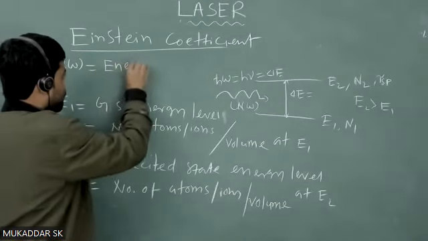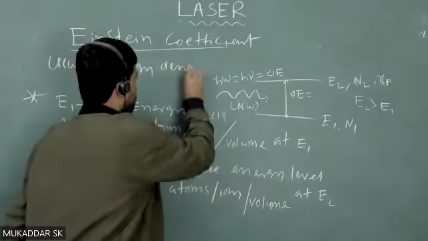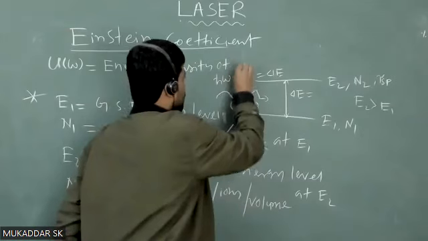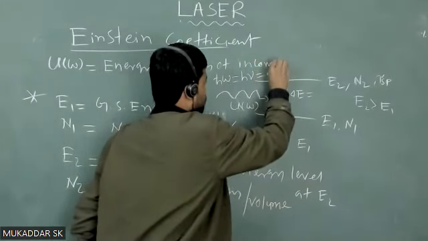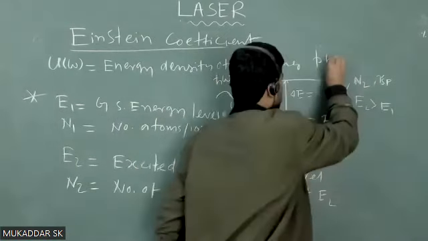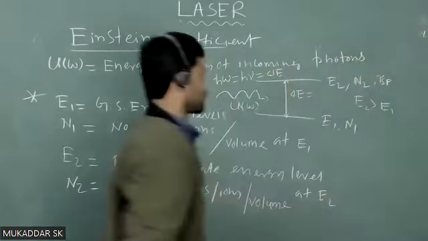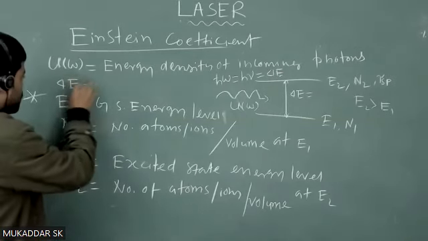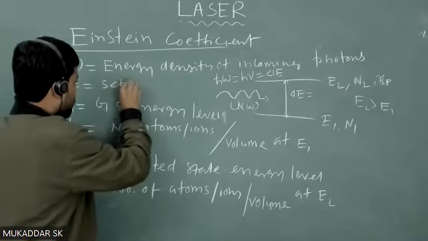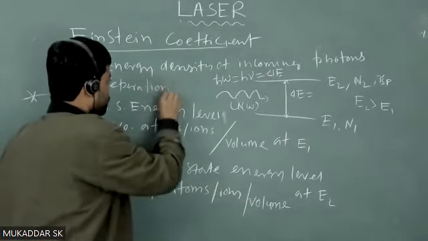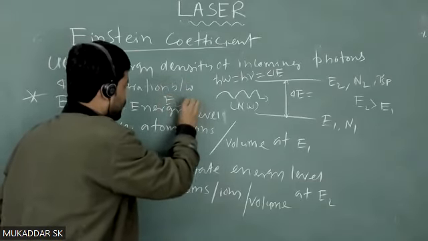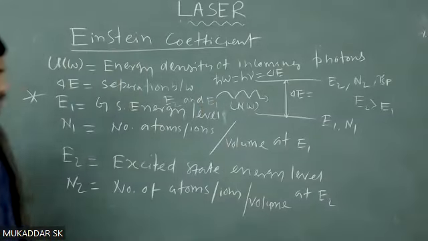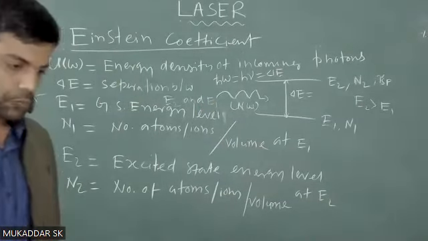Energy density of incoming photons. And delta E, you know, is basically the separation between two levels, the separation between E2 and E1.